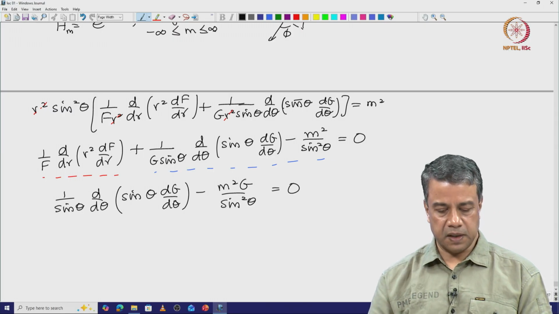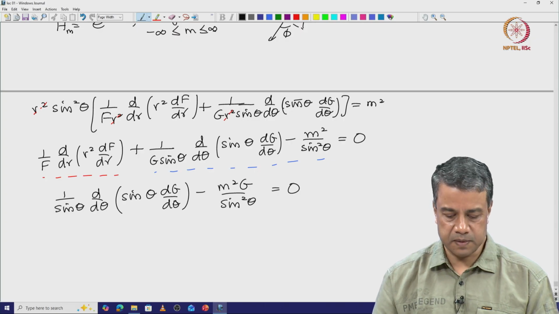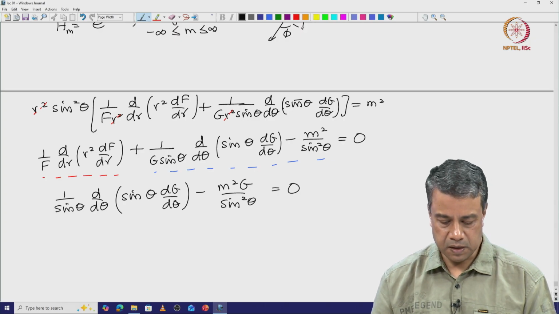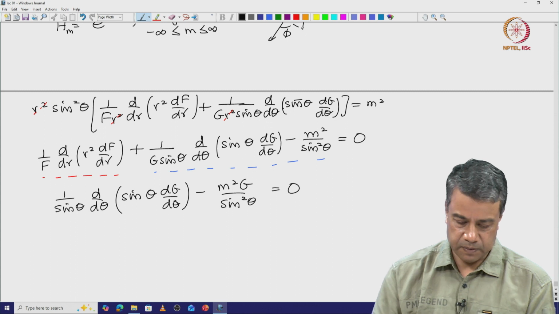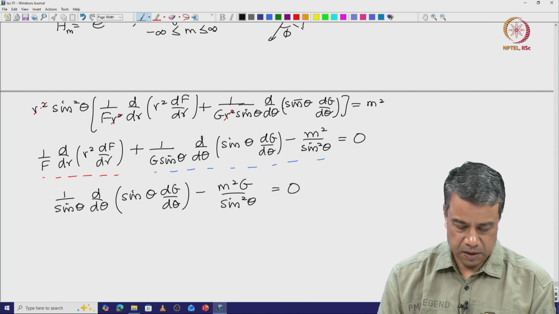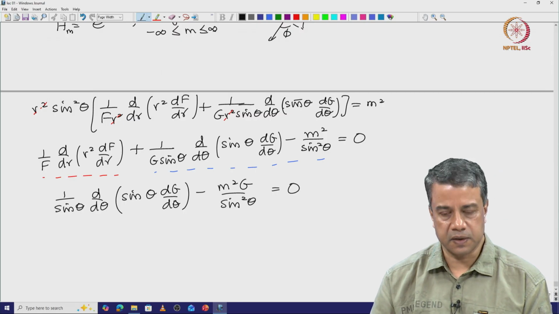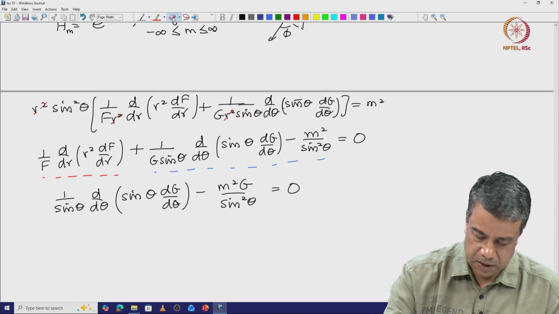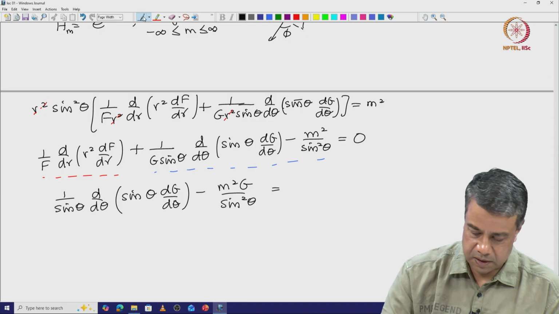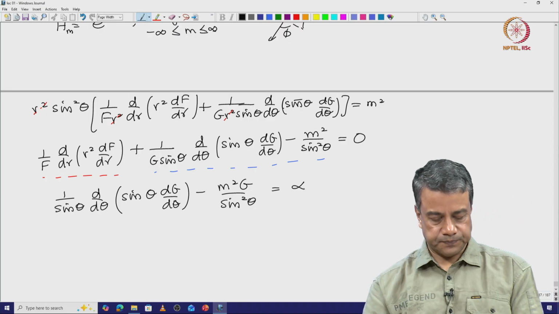That is, I have multiplied these blue terms by g. So, I multiplied throughout by g and this is the equation that I get. This is not equal to 0, it is equal to some constant alpha.